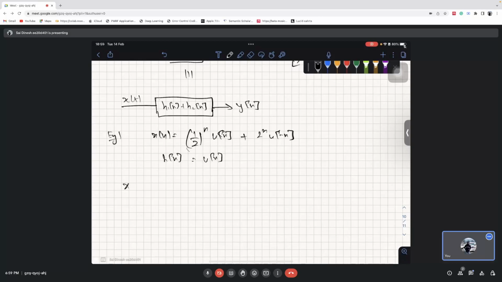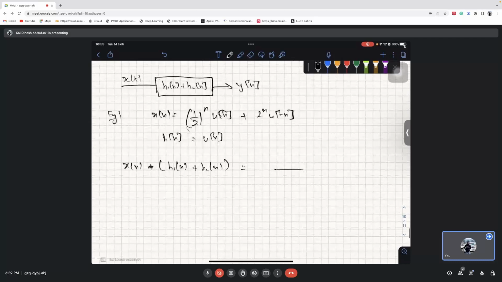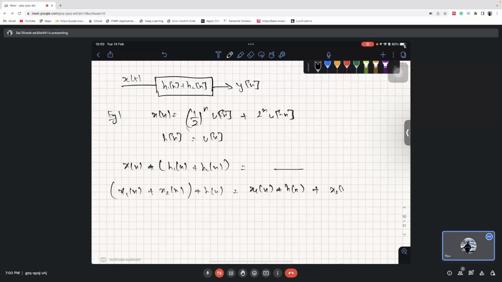Just like we wrote x of n convolved with h1 of n plus h2 of n, the same is also true when x1 of n plus x2 of n is convolved with h of n, which gives x1 of n convolved with h of n plus x2 of n convolved with h of n.